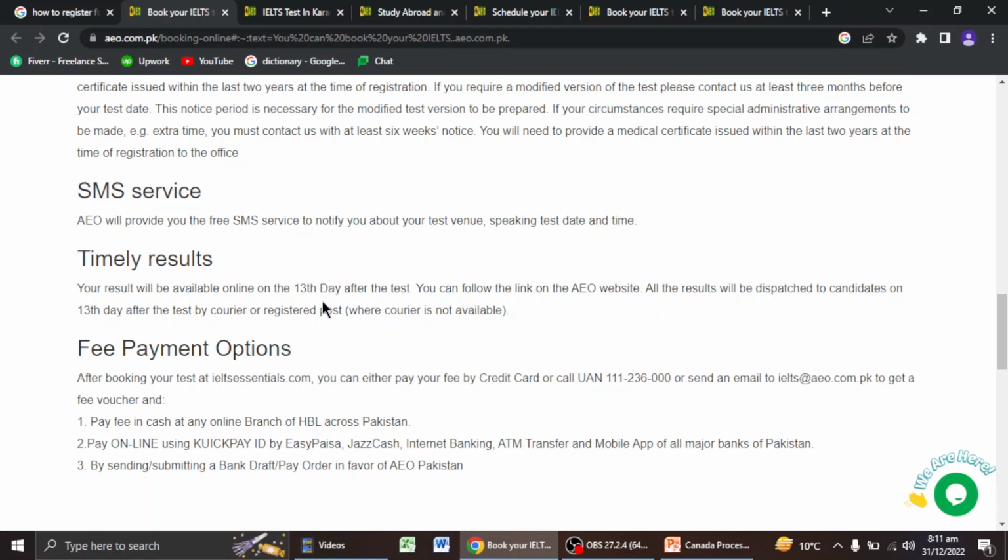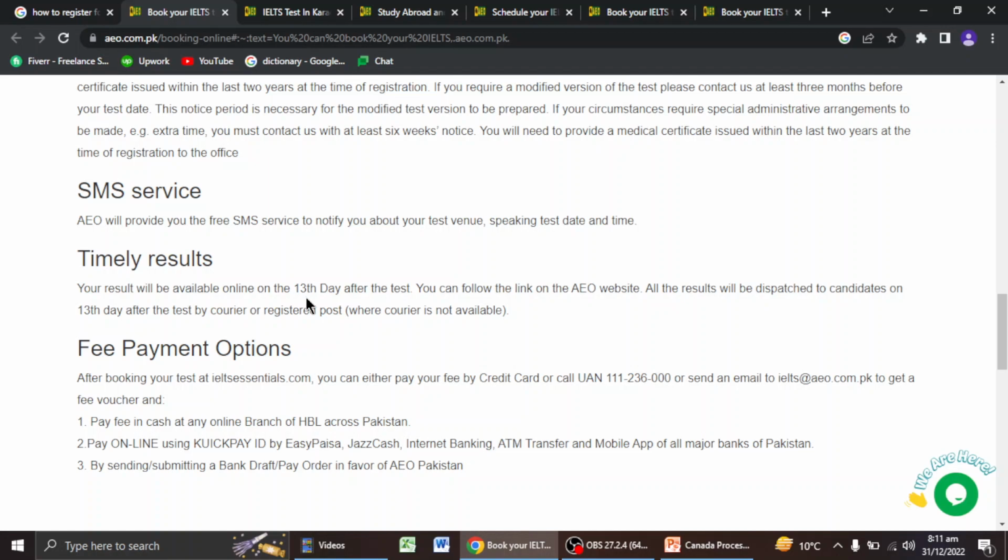It's very important for you to have this timeline in your attention, because many people, what they do is that, for example, their university deadline to register for the university is, for example, January 10th.